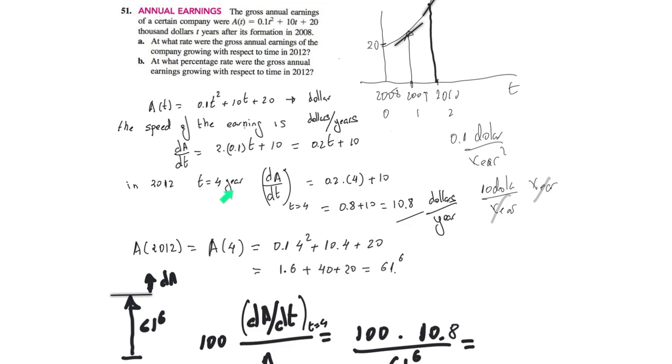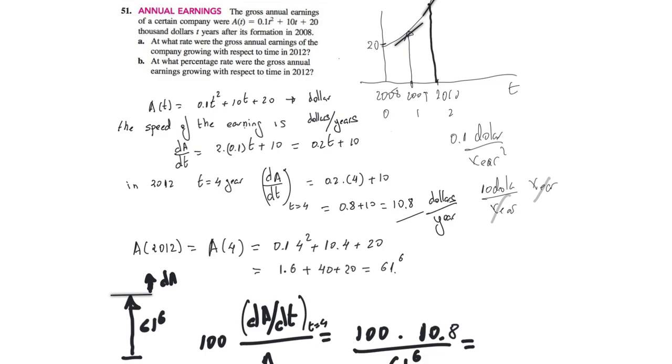So at t equals 4, the slope, the dollars per year being earned, is 0.2t plus 10, because we did the derivative of this expression: 2 times 0.1t, the derivative of 20t is 20, wait, of 10t is 10, the derivative of 20 is 0. So the derivative is 0.2t plus 10, which evaluated at t equals 4 gives you $10.8 per year.